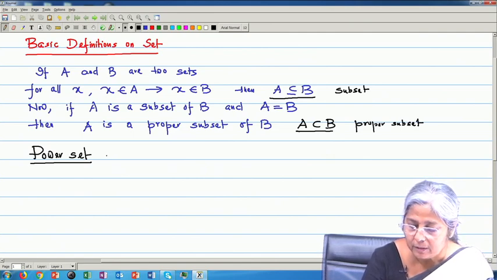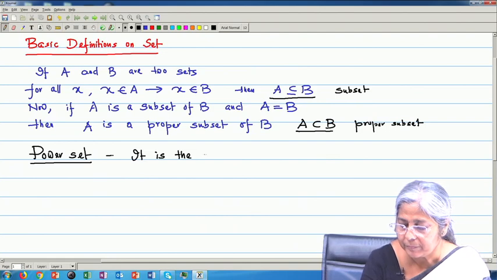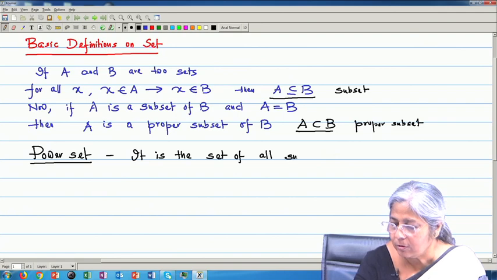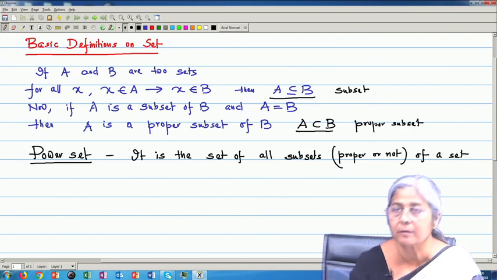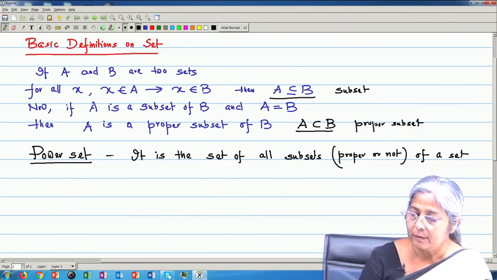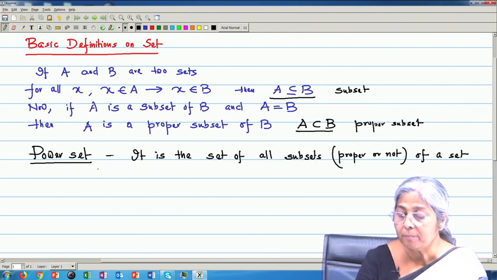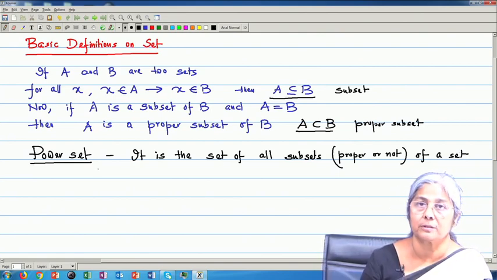It is the set of all subsets, may be proper or not, of a set. So, this is called the power set, the set of all subsets of a set.